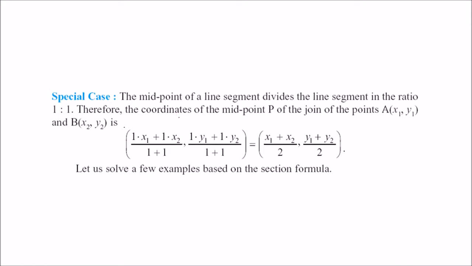So you can have a special case if a line is divided by a point in equal terms, which means it is bisecting. So this will be x1 plus x2 by 2, y1 plus y2 by 2, because m1 and m2 you can place as 1.